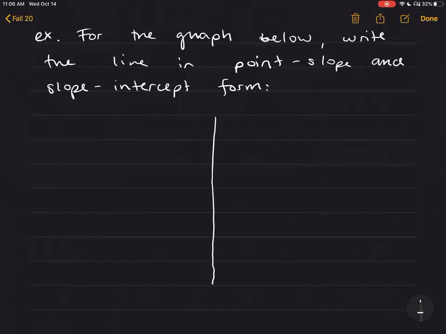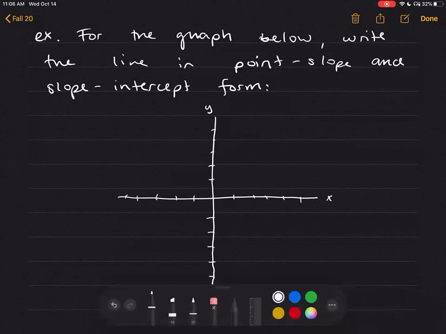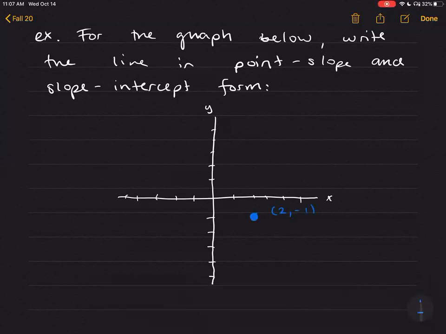So I'm going to do this coordinate grid, x-axis, y-axis. And I want my line to pass through the points (2, -1), so that's here, and (-1, 1), so that's here.